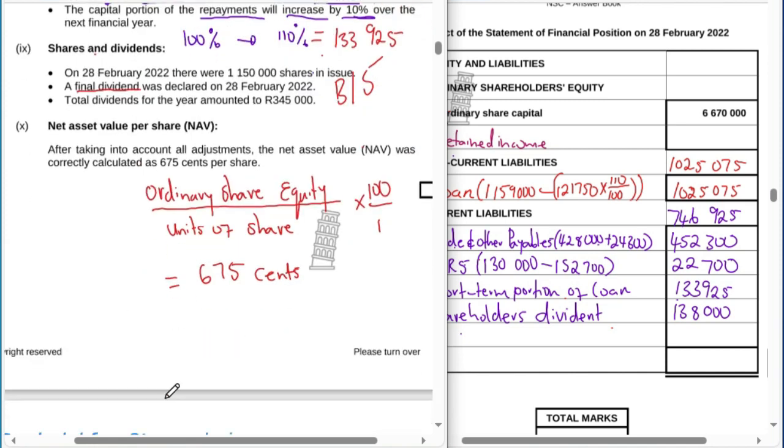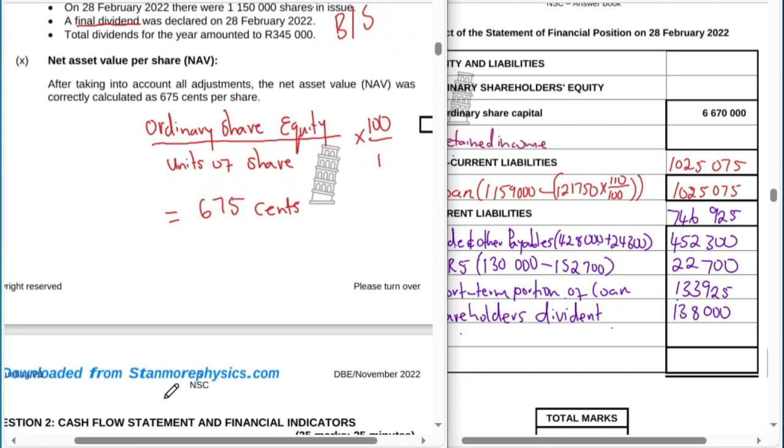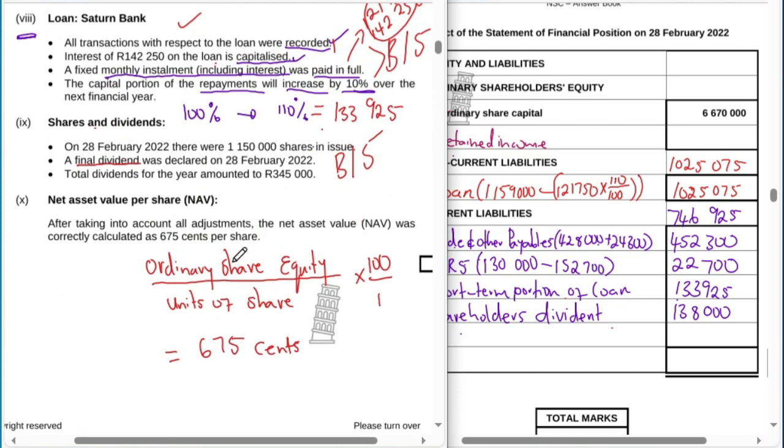So the number of shares that we have, they already gave us the number of shares. These are the shares that we have at the end of February 2022 as 1 million.